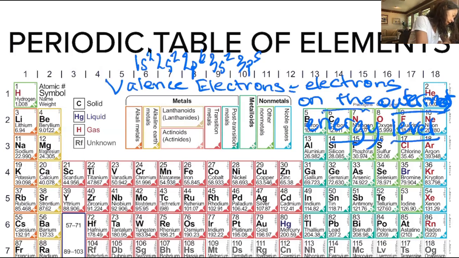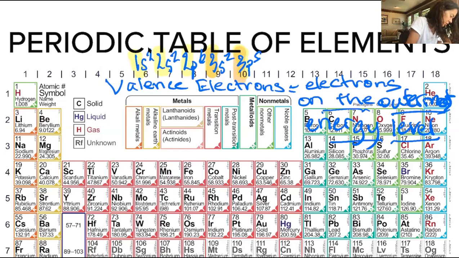Well, you need to realize that in your configuration, these numbers right here represent your energy levels, okay? So we see that we've got 3 energy levels represented. For chlorine, the outermost energy level is the 3rd right here, right? That is the highest number. Therefore, that is the most outer energy level.